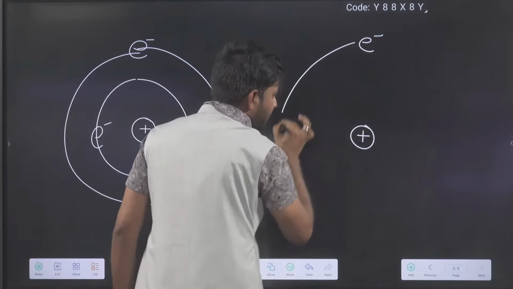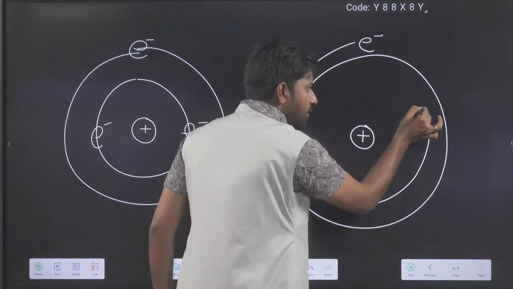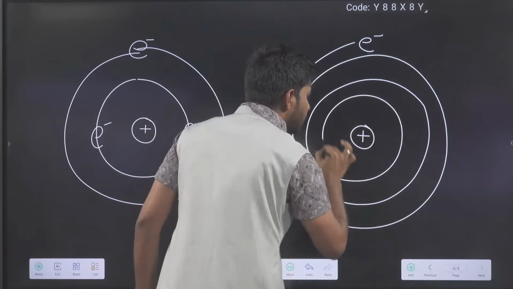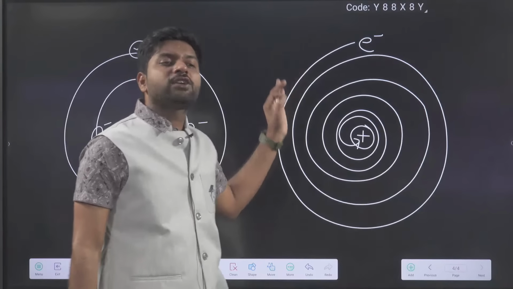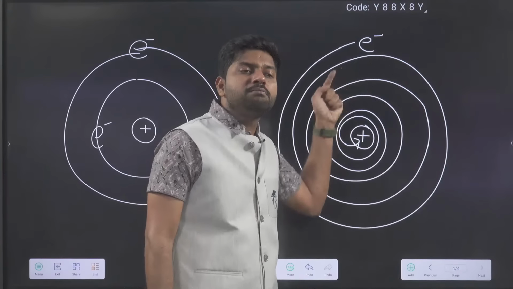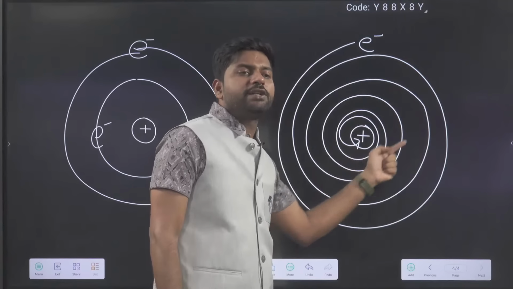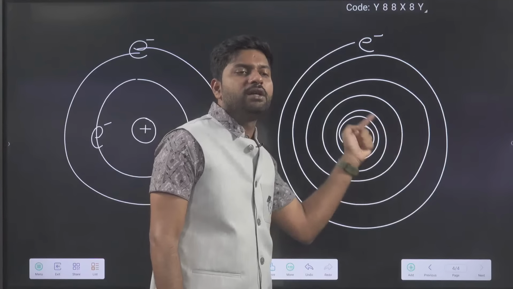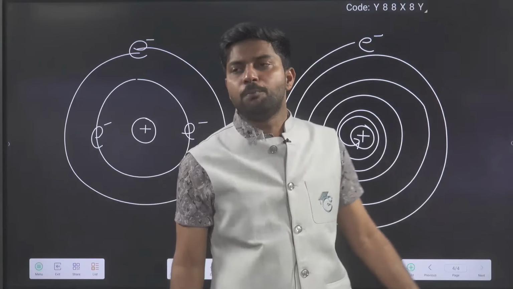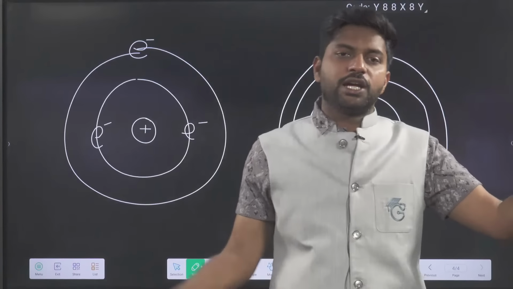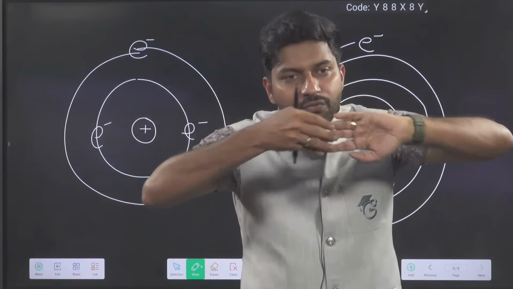Its first circle was big, so the next circle will be smaller, then the next one smaller still, and one day all the electrons present, one by one, will reduce their circular path, slowly come and merge with the positive particle, and once the negative and positive particles merge, the atom's identity will finish.